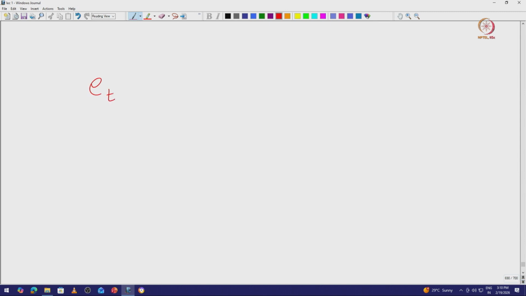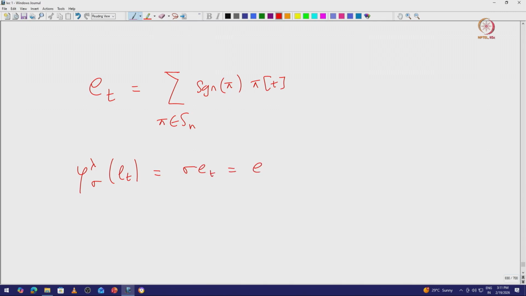By definition it is the sum of sign pi times pi t, where pi is coming from C t, which is exactly S n. Now recall that when you apply this phi lambda sigma on E t, which is exactly sigma E t, this is exactly E sigma t. This is what we proved.